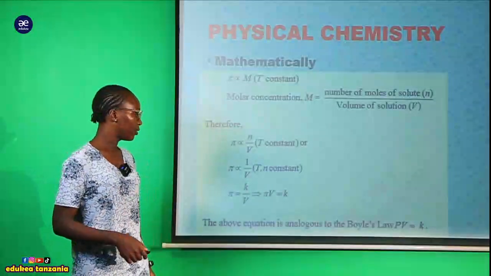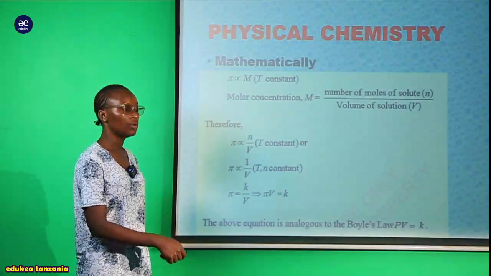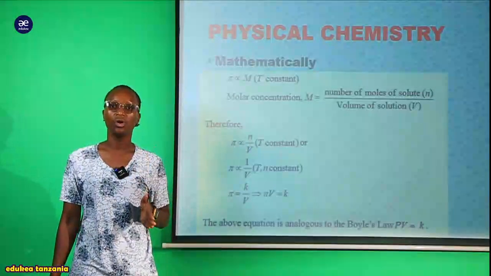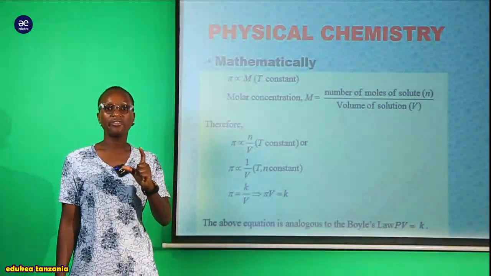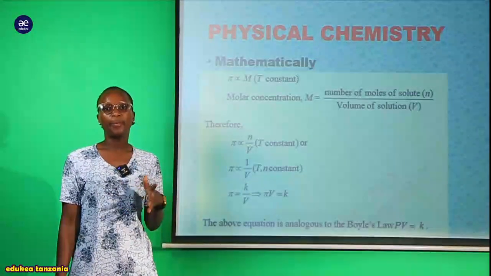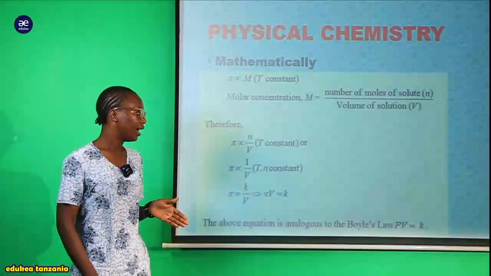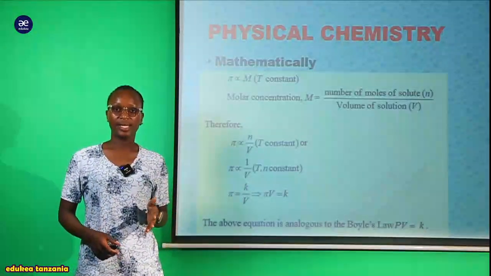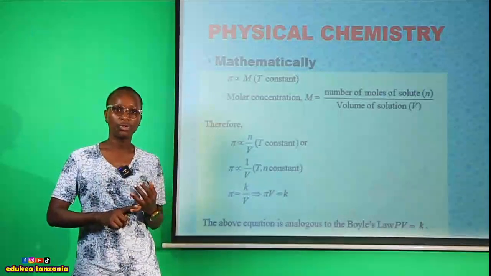Sasa if you remember, you can see that the above equation is analogous to Boyle's law. Kama unakumbuka equation ya Boyle's law, kwamba tuliona kwamba Boyle's law V is inversely proportional to pressure. Na ile proportionality tukairemove kwa kuweka K. Ina maana tukapata K ni sawa na VP au PV. Sasa ina maana tukiwa na two sets tutakuwa na P1 V1 is equal to P2 V2.